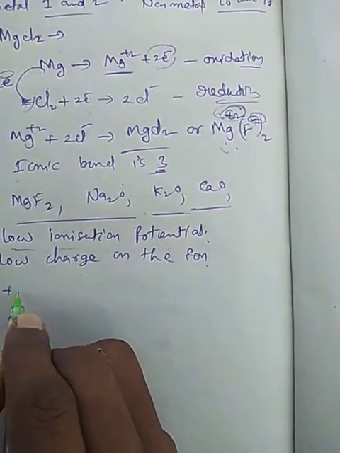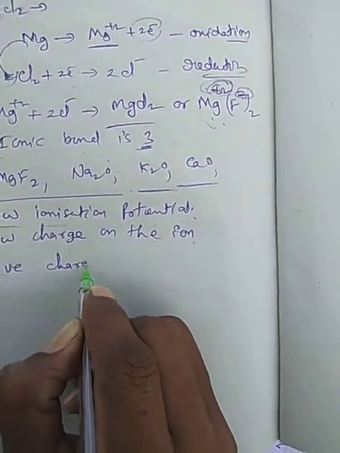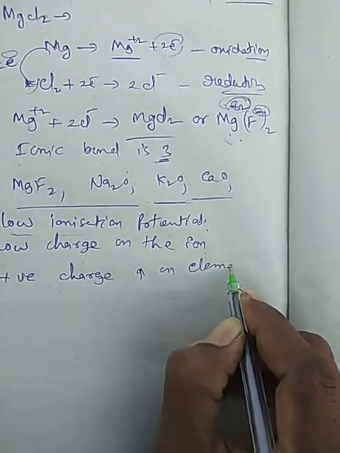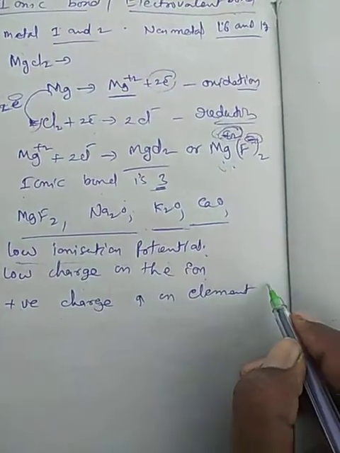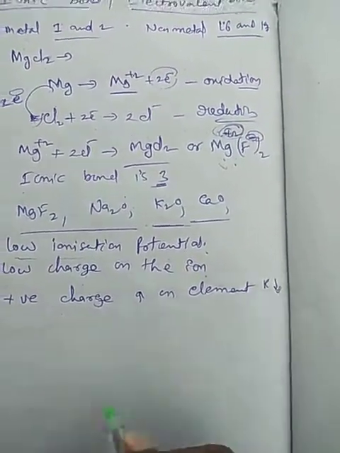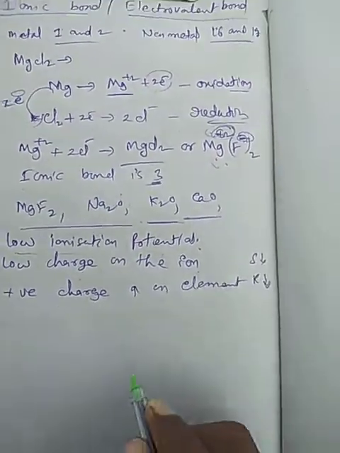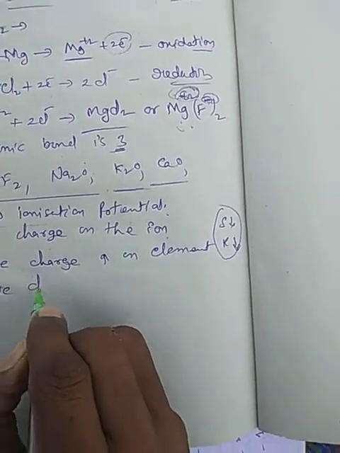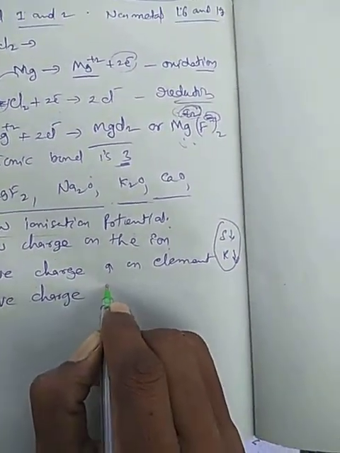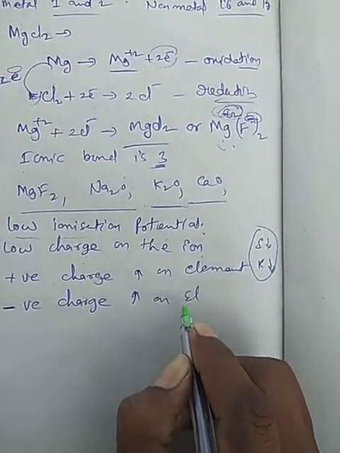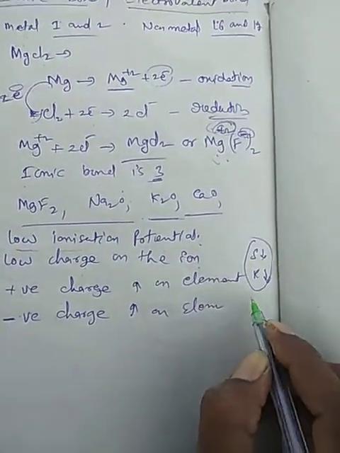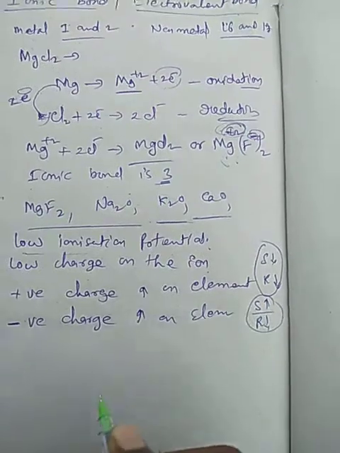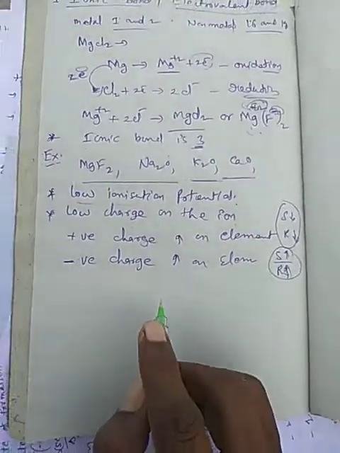As the positive charge on an element increases, the radius or size decreases. As the negative charge on an element increases, the size and radius also increase.